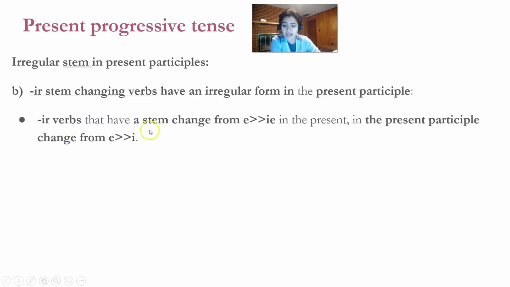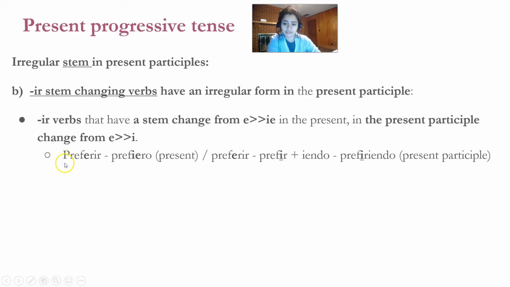IR verbs that have a stem change from E to IE, in the present participle they change from E to I. So, for example, the verb preferir, it has a stem change in the present from E to IE, but in the present participle, the E just changes to I. And then you add the present participle ending, prefiriendo.